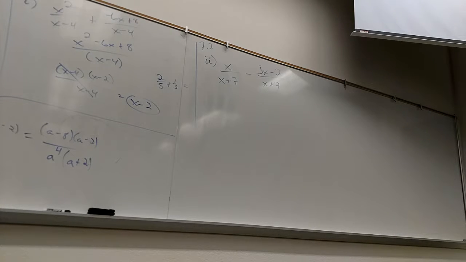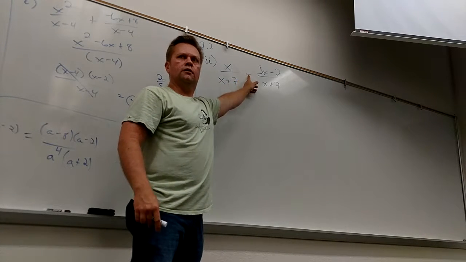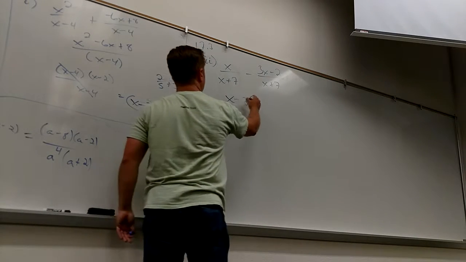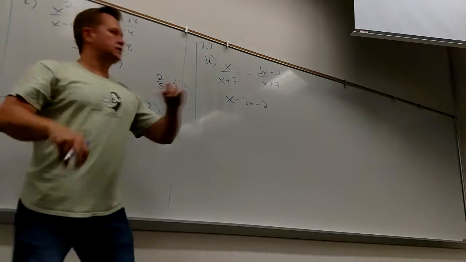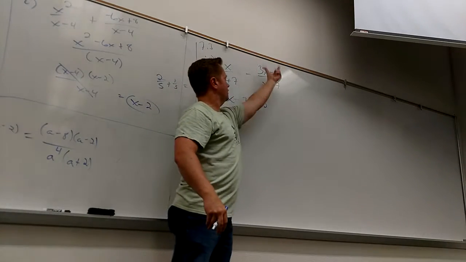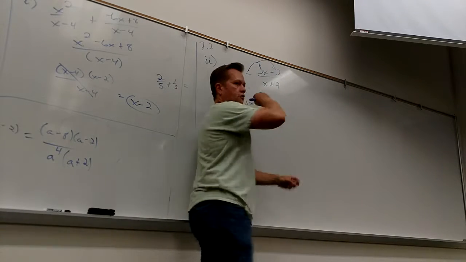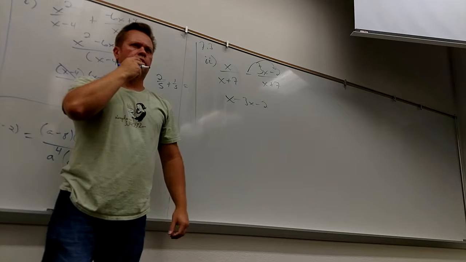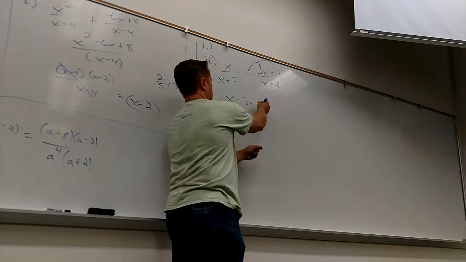Which minus? Yeah, this thing right here. Because people will write this. Do not write this. People will write x minus 3x minus 2. That's wrong already. What am I subtracting? I'm subtracting this. So it's got to distribute. So this should be plus 2.